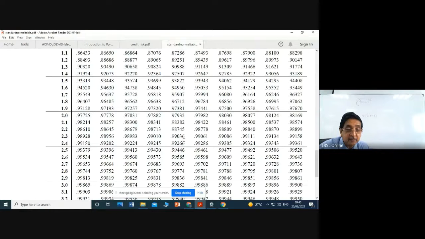This is the 2.34 value, 0.99036. But there is another value, 2.35, not 2.348, so the value should be a little less than that.